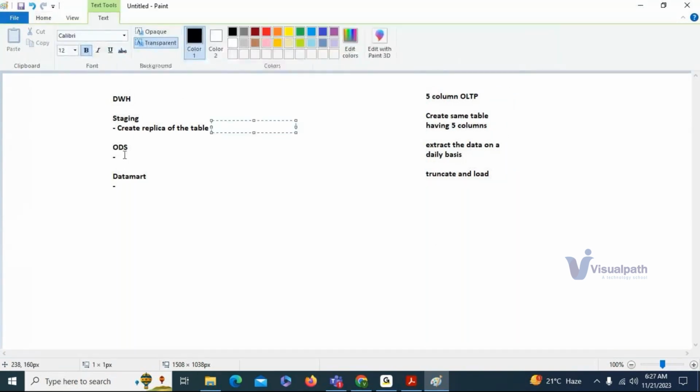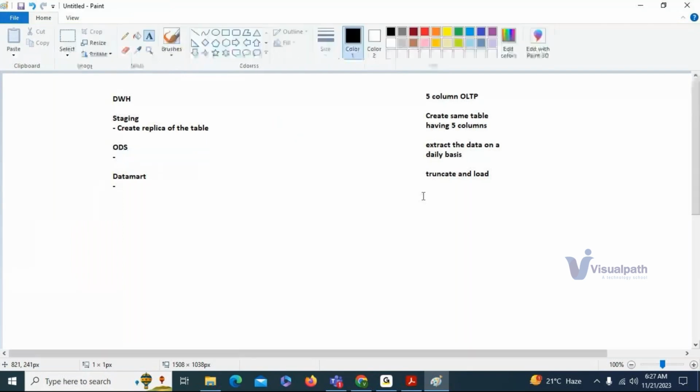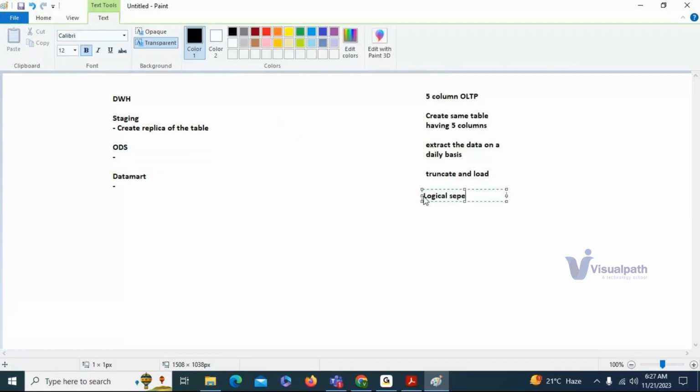When it comes to ODS, whenever we say staging, ODS and the data mart, it's a logical separation of the tables in the database. I have different databases. In one database, I will have an exact similar source table, and I will do a truncate and load.